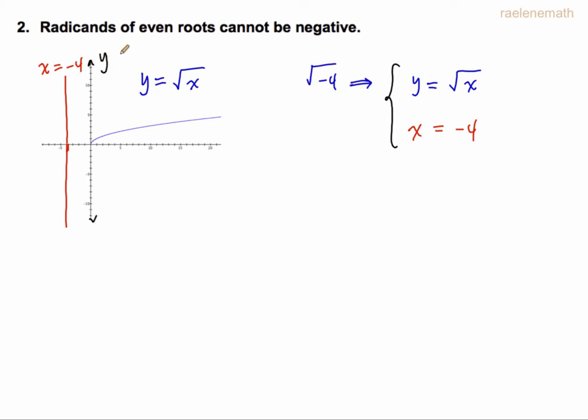Now this number line is a number line of real values for y. So if there is no y value that solves the equation or the intersection of these two graphs, then we say that there is no real solution. And so y is non-real, in this case, is consistent with having no graph.